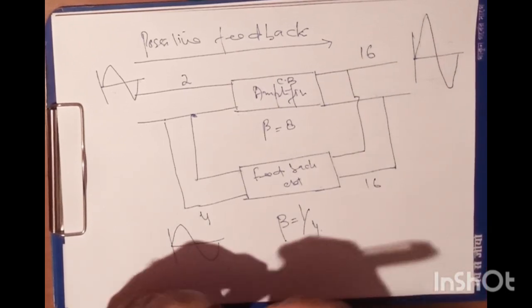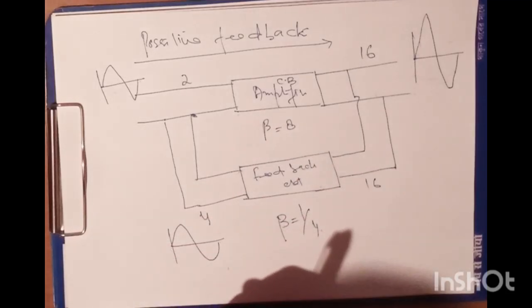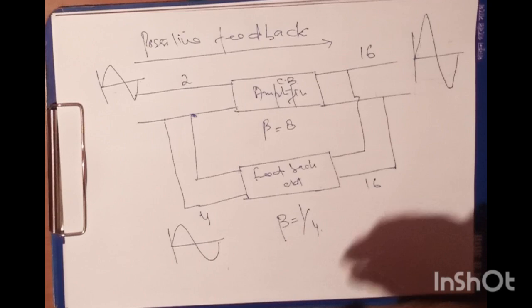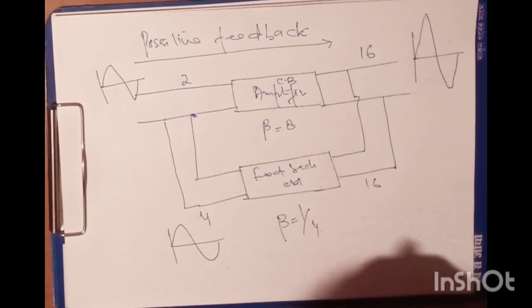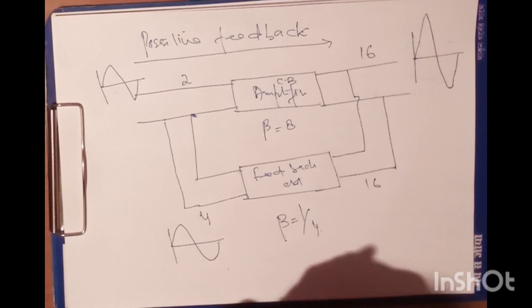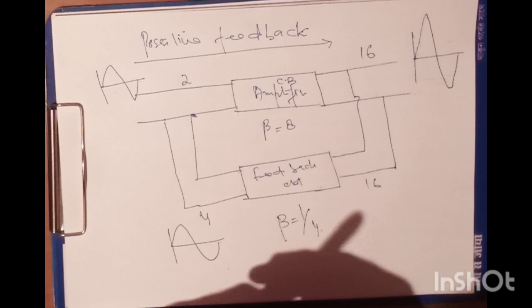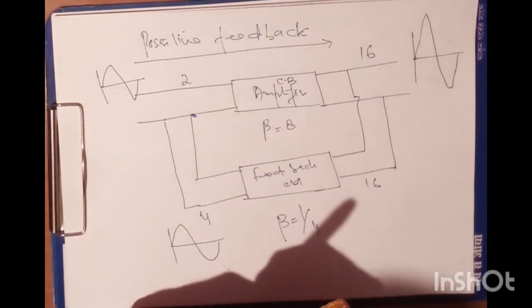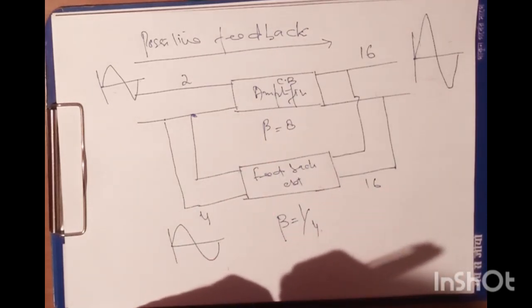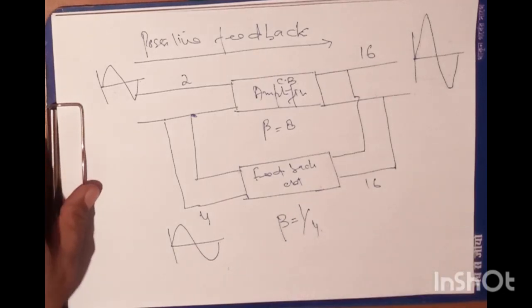So this is how positive feedback is introduced in an amplifier for continuously supporting the amplifier and enhancing the magnitude of the part of the input signal that's given to the amplifier.